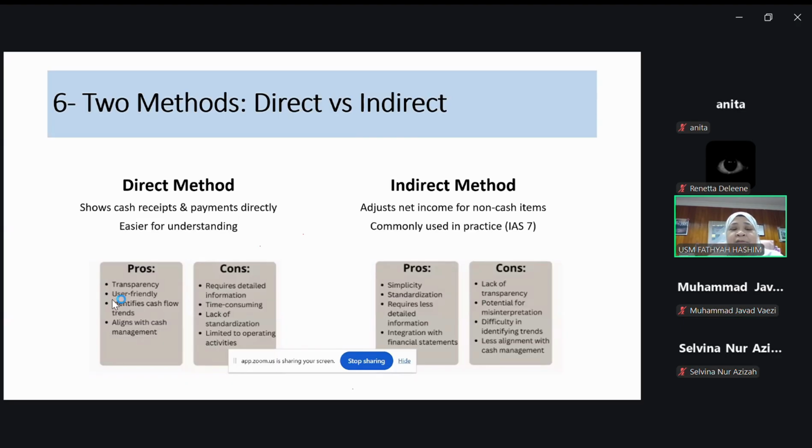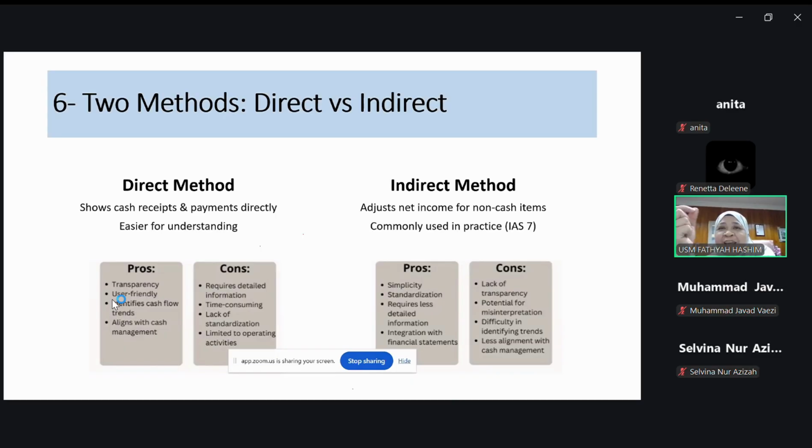But in order for us to prepare the cash flow statement using the direct method, we need more information. It is actually more tedious than using the indirect method. The indirect method is simpler. Yeah, accountants would agree with me on this.